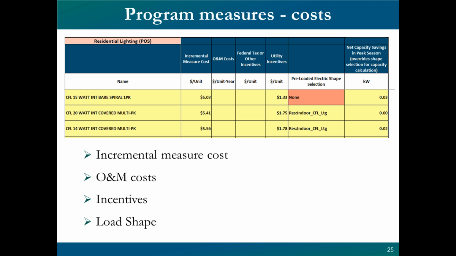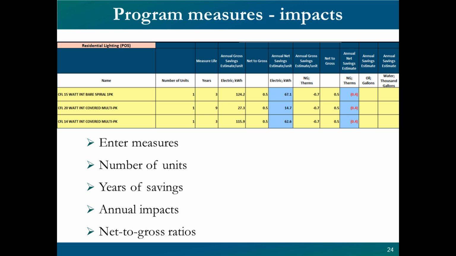You can see that there are a number of values there, for example, on the gas side, that are listed as negative. They're in red with parentheses. And so that's one way in which we account for those interactive effects.